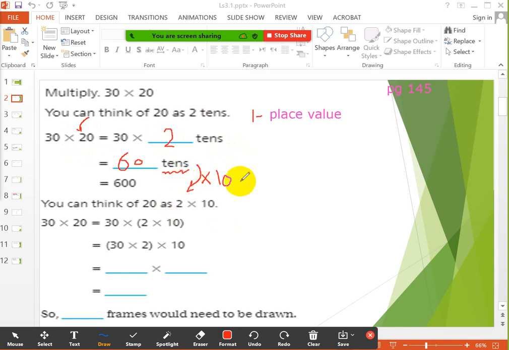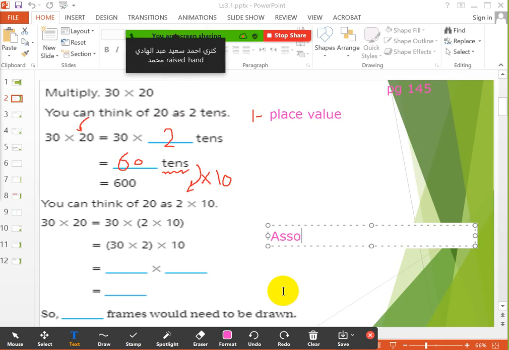Now, for the second one, please stop typing on the chat and focus with me. The second strategy is associative property. We talked about associative property, right?